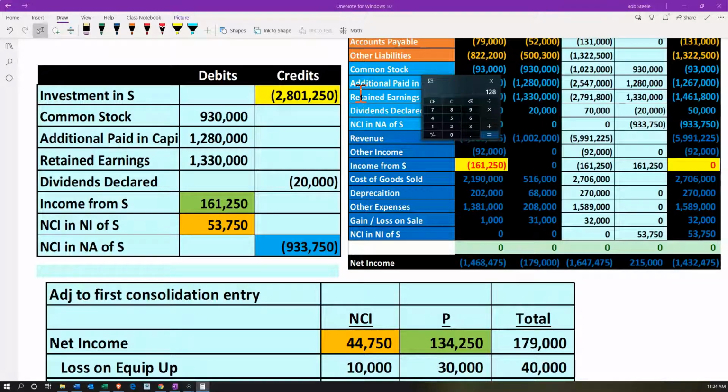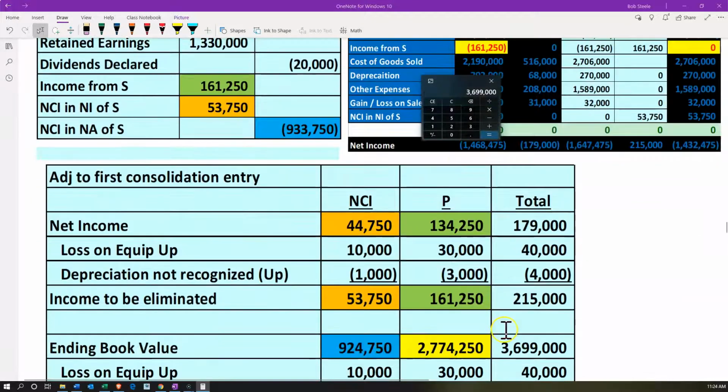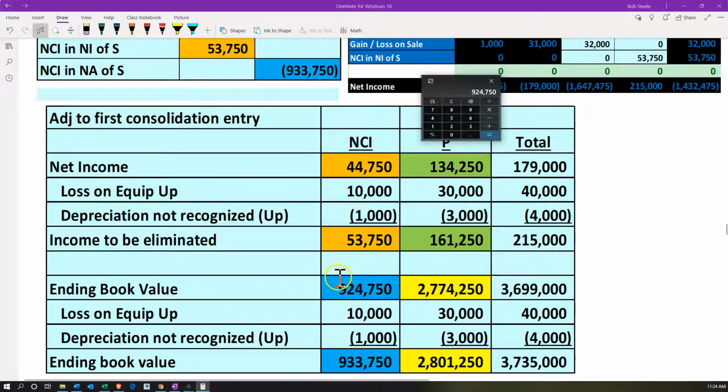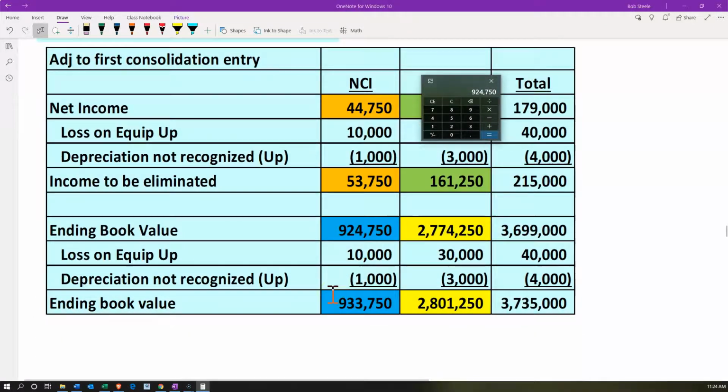Plus the 128,000 plus the 133,000 minus 20,000, and then I'm going to add net income 179. That's going to be the 3669, which you'll see down here in the table. Usually we would take that and multiply it times the non-controlling interest times the 0.25, and that's what we would get. But no, we're taking the table. That's what we had up top, but we're adjusting it now to the 933,750.